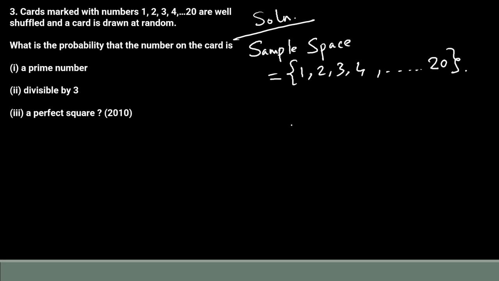The random experiment is a card is drawn at random from these numbers 1 to 20. Now your event is, what is the probability that the card is a prime number? Basically, first question. So set of favorable outcomes for the given event, the card is a prime number.